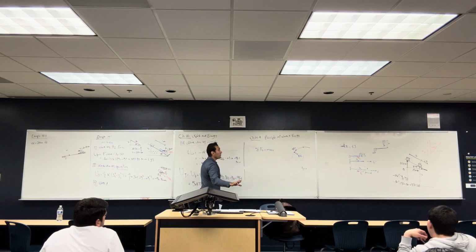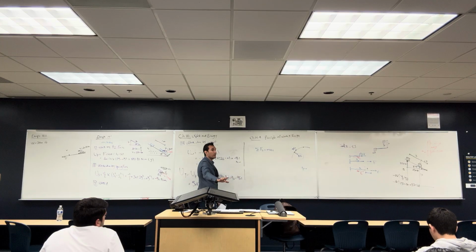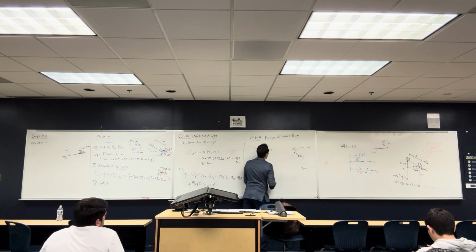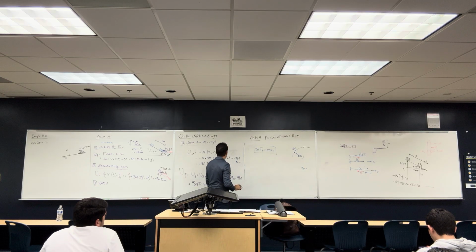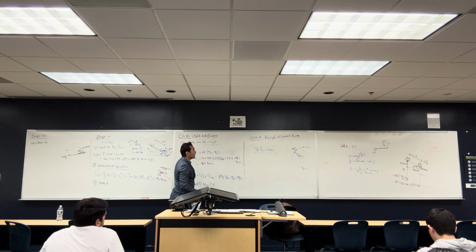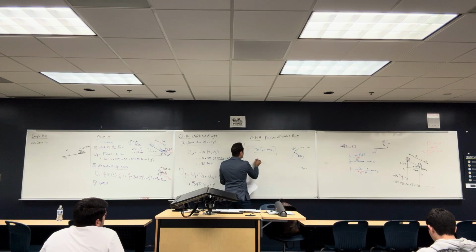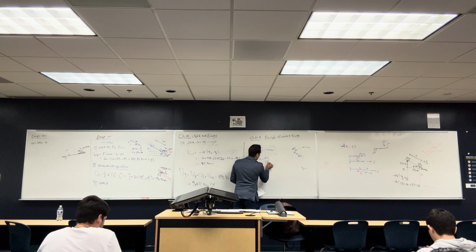We are not interested in finding the work in that direction. We are trying to find the work in the tangent direction. So that's where we are right now. The force is equal to the mass multiplied by the acceleration, and we know that a tangent is equal to dv tangent dt.